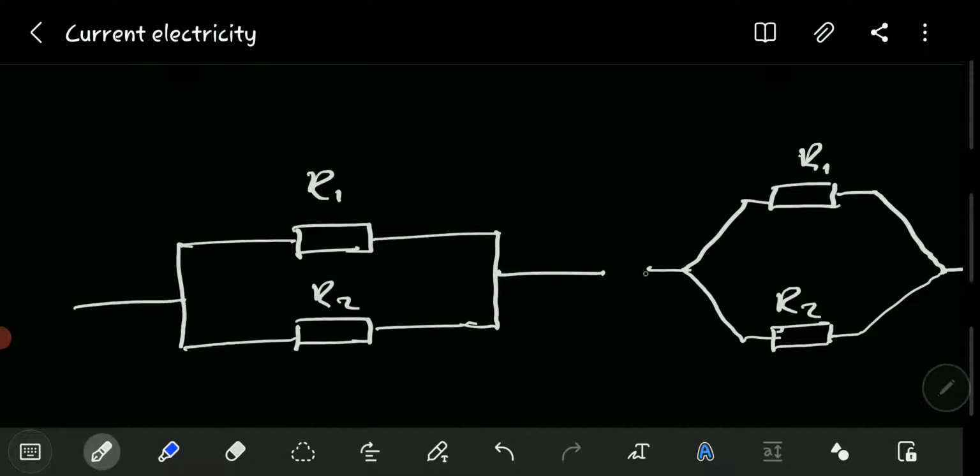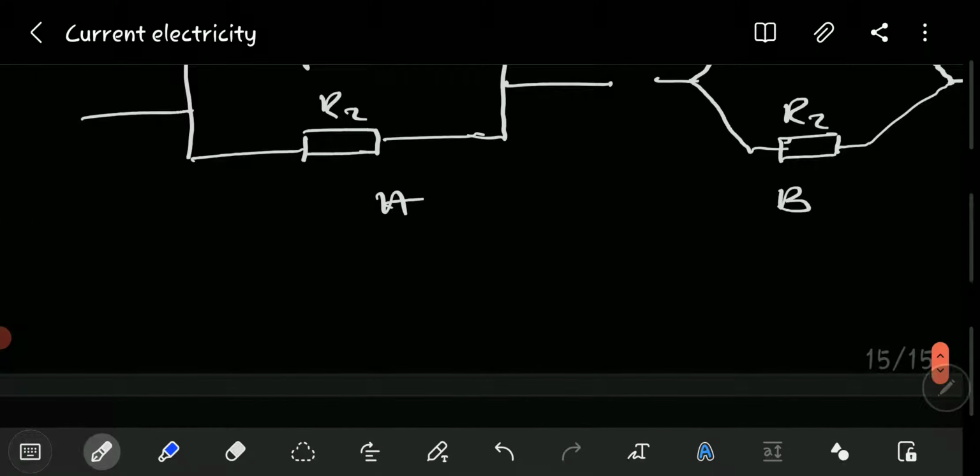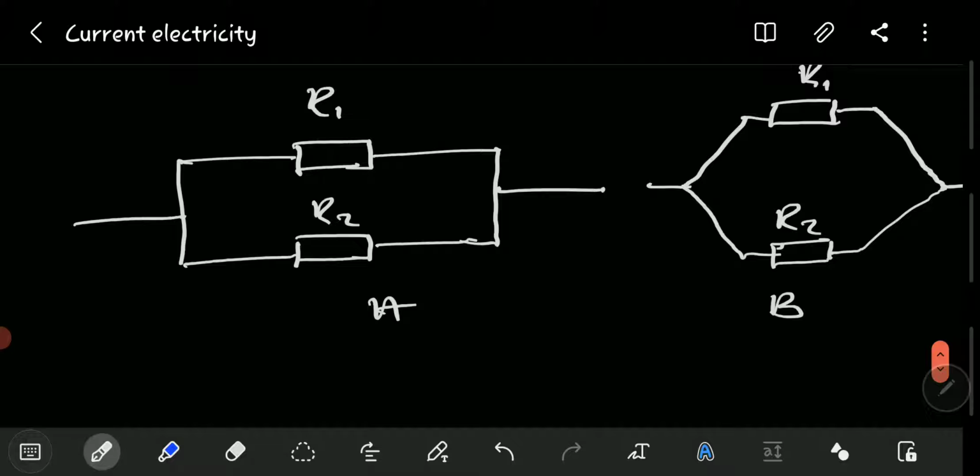So A and B are just one and the same. The terminal of this resistor is connected to the other terminal of the other resistor, and this one is connected to the other terminal of the same resistor on top. So we may have a number of resistors connected in parallel.